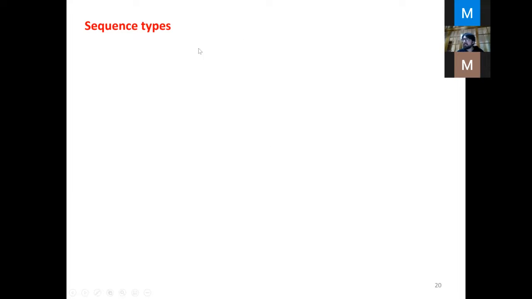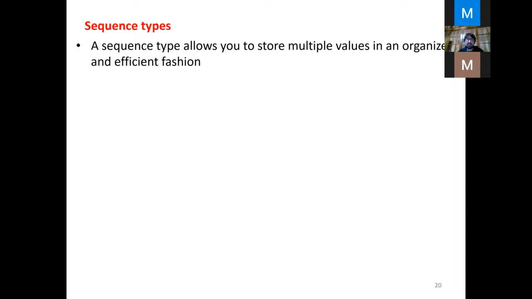So now let's go to something that is key in Python, which is sequence types. Sequence types are a type of variable in Python that allows you to store multiple values in an organized and efficient fashion. This can be mutable or immutable.